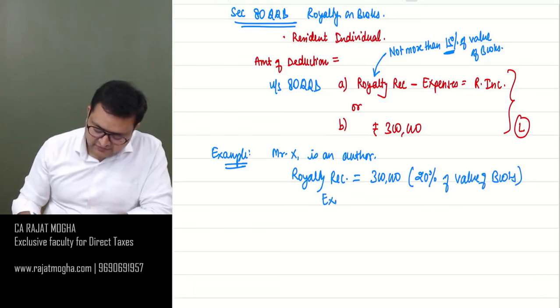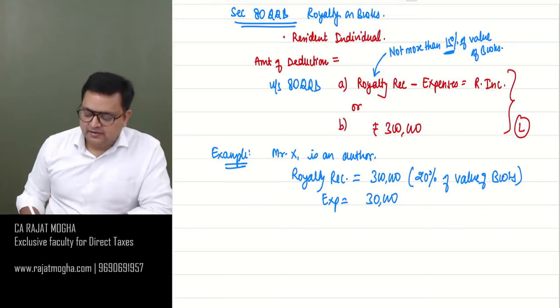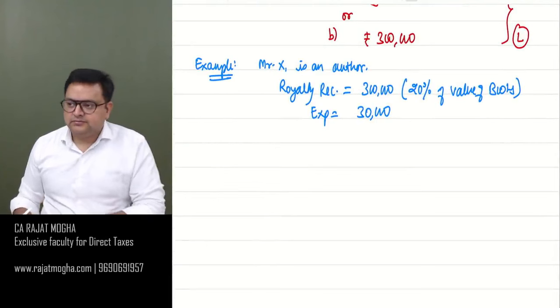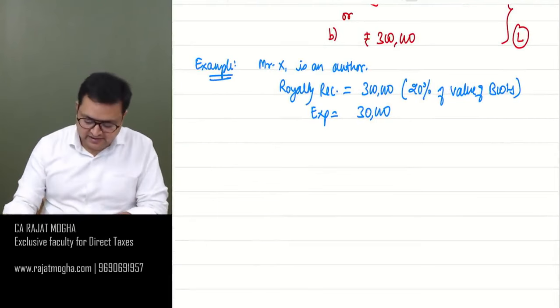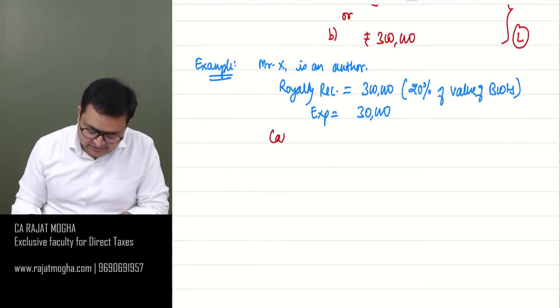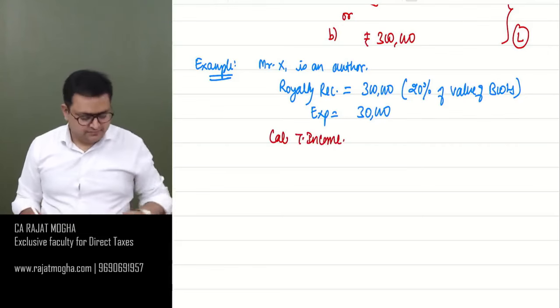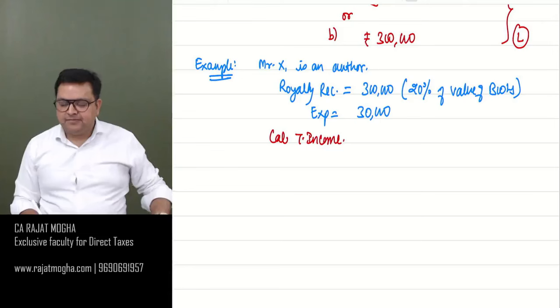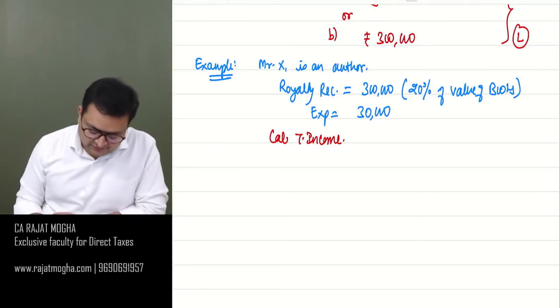And his expenses were 30,000, right? And we are computing his income. We have to calculate the total income, for example. So first of all, solution.